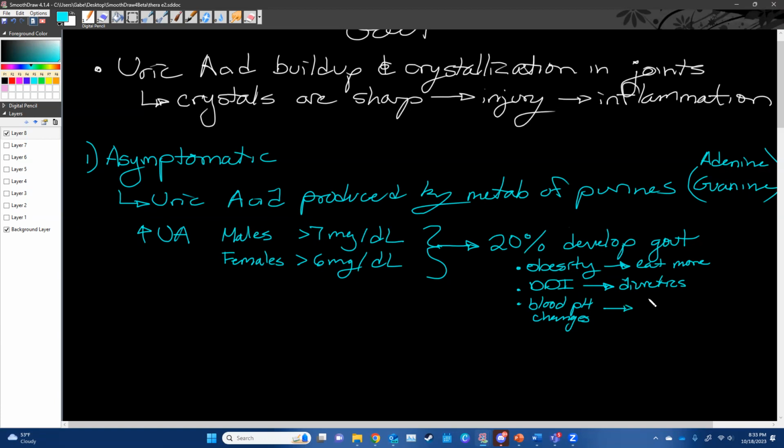So we're talking about like ketoacidosis for diabetics, Von Gierke syndrome, sleep apnea. Sleep apnea is a big one. Von Gierke, it's an enzyme defect disease.